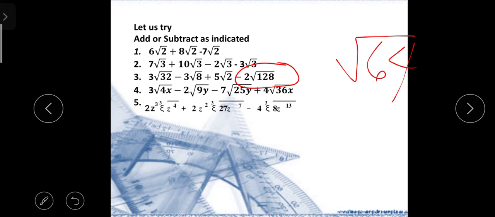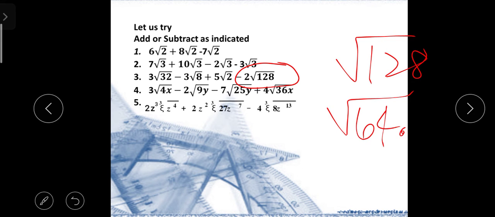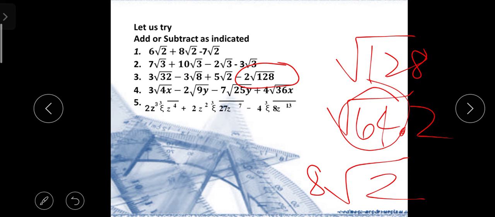Square root of 128, square root of 64 times 2. Si perfect square na 64 ay ilalabas natin. So, magiging 8. Maiiwan yung square root of 2 sa loob. Si 8 ay imumultiply natin doon sa original na nasa labas na negative 2. So, magkakaroon tayo ng negative 16.